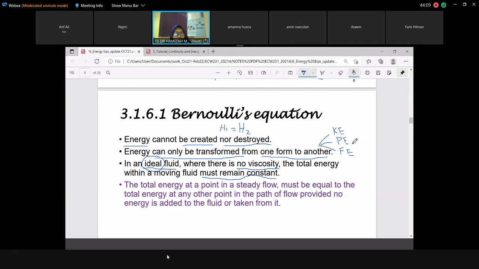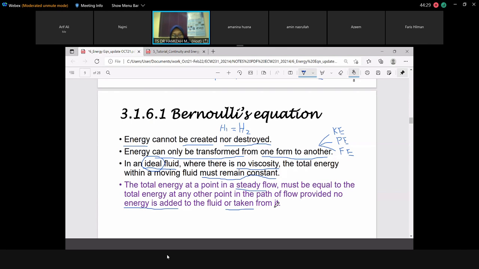Okay, so the total energy at a point in a steady flow must be equal to the total energy at any other point in the path of flow, provided no energy is added, tak ada energy ditambah, ataupun tak ada energy that taken from it.